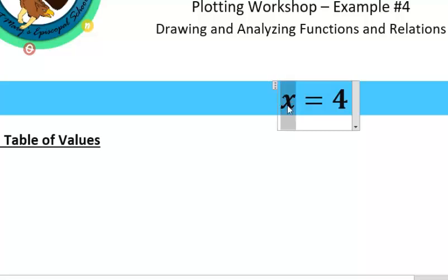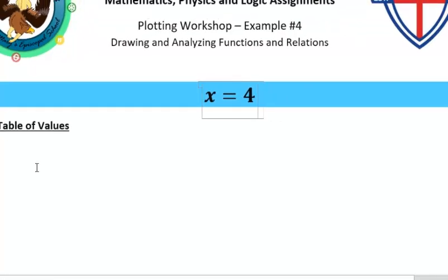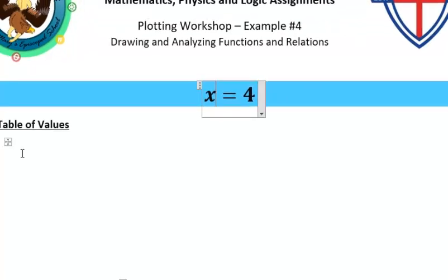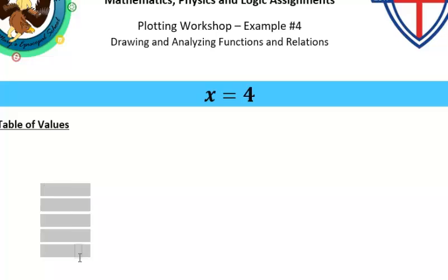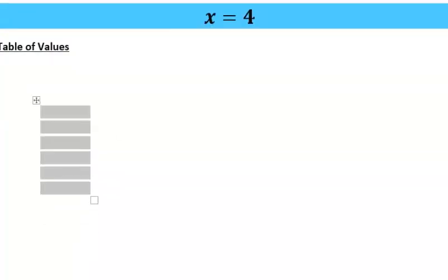Basically, the formula is telling you the number that x is going to be. This is x equals 4. That means x is not going to be any other number. X has to be 4. That's something you need to consider when drawing the table of values.